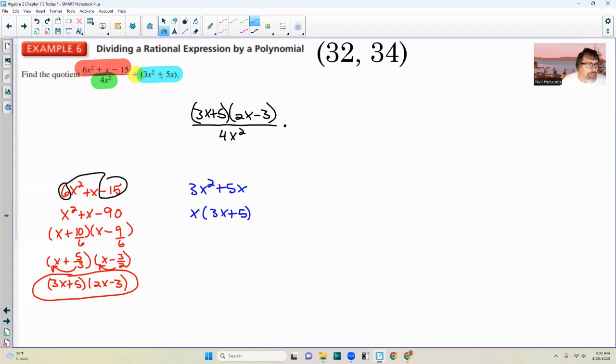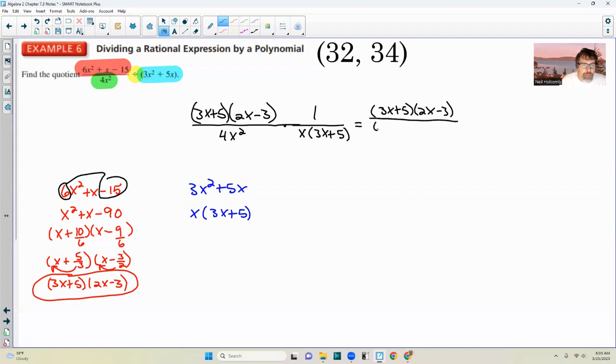So since this is division of that, that's the same as multiplying 1 over this. So it's going to be x times 3x plus 5. Okay, and then remember this multiplication, all we really need to do is combine these. And so this would simplify to, I haven't been doing this, but let's do it. 3x plus 5 times 2x minus 3 times 1 is not necessary to write.